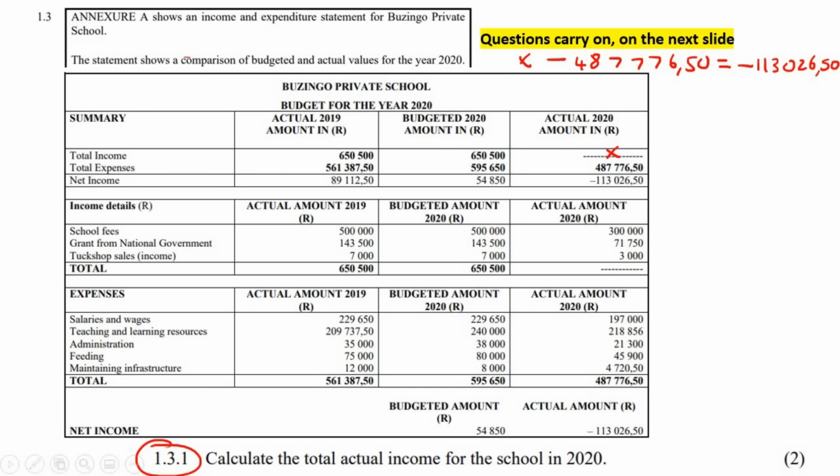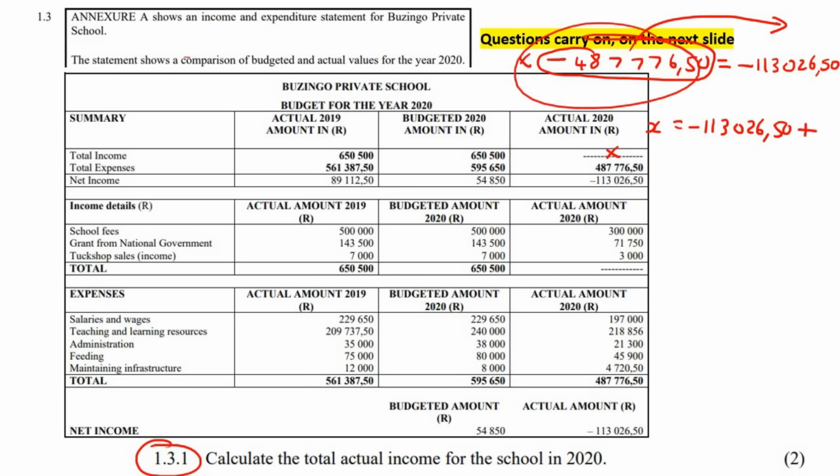Okay, so the school had a tough 2020. So what you got to do now is you just got to use mathematics to try get this x by itself. So remember, you got to take this part of a year and you got to somehow take it to the other side. I'm not sure how you like to do that, but whichever way you do it, you should eventually get that on the right hand side you're going to have this, and then it should become a plus.